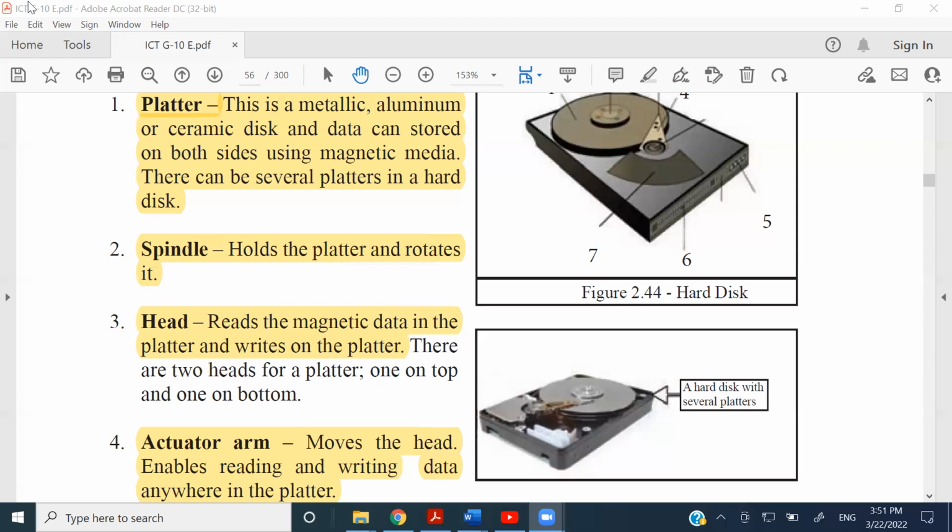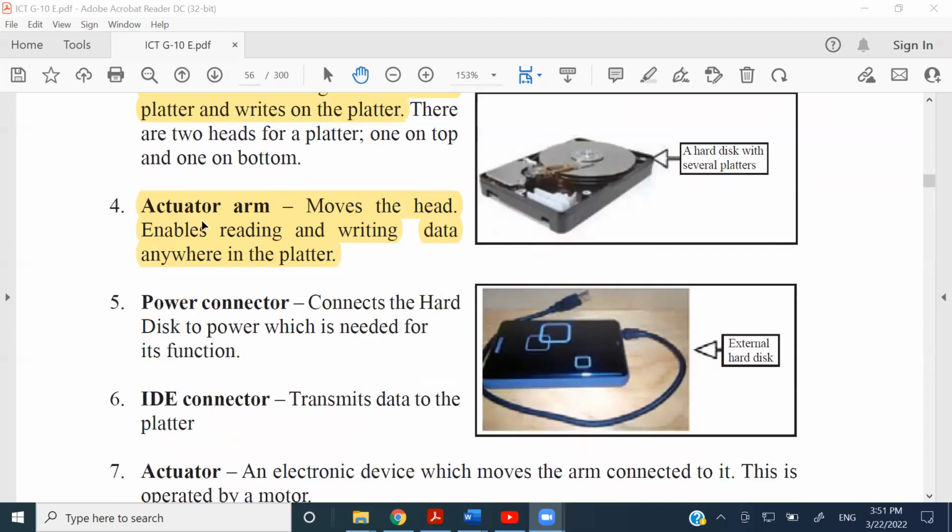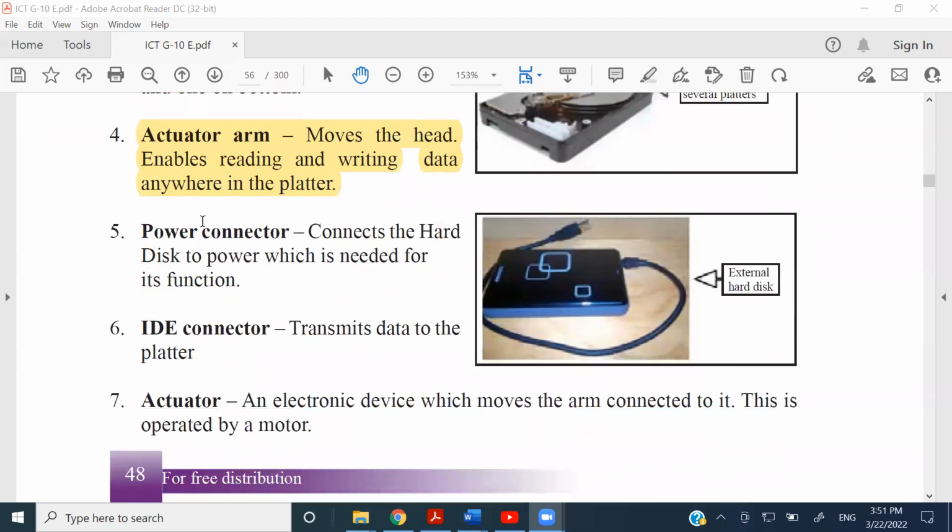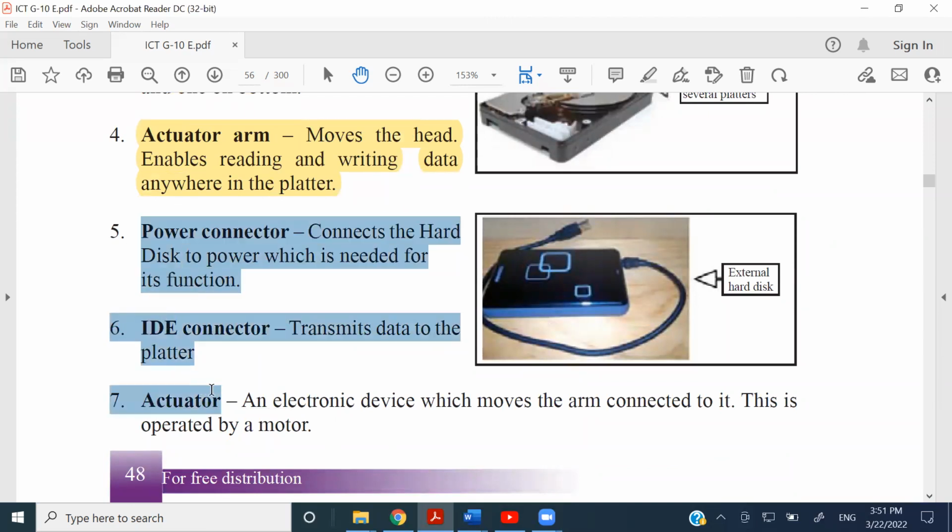Is there anyone who is still copying this? All right, so moving forward. Okay, these things.